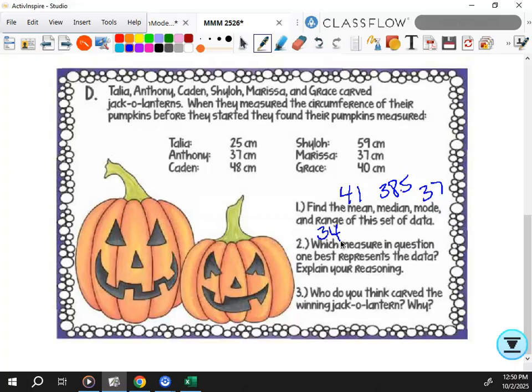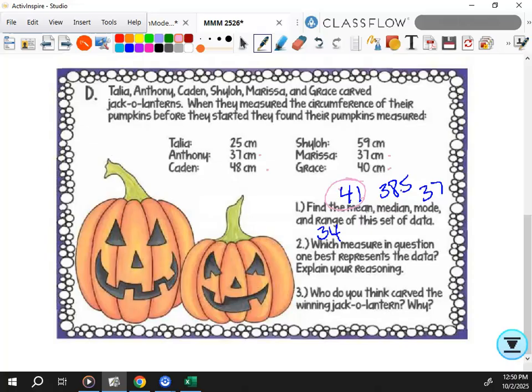Again, it's kind of a matter of opinion, but what this says is the median best represents the data. Let's talk about why. The median, so this is the median number. It best represents the data, and their reasoning is because there are 3 data points that are relatively close to it, and 1 more that's kind of close to it. So it kind of represents the data well.